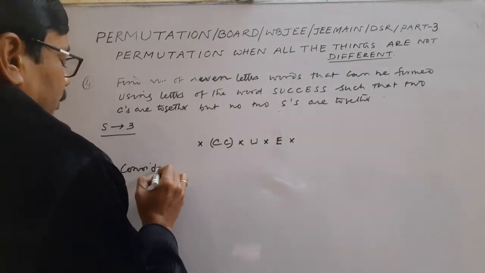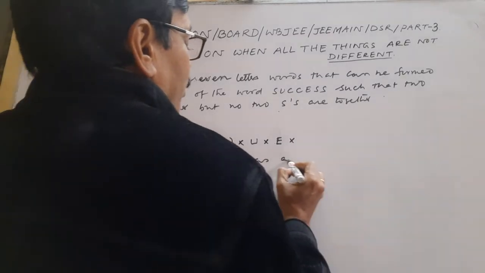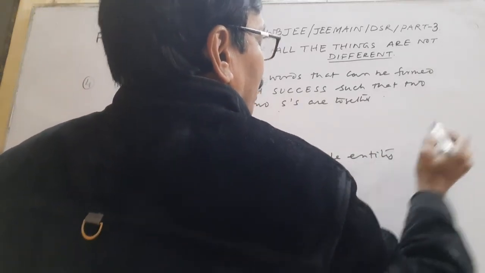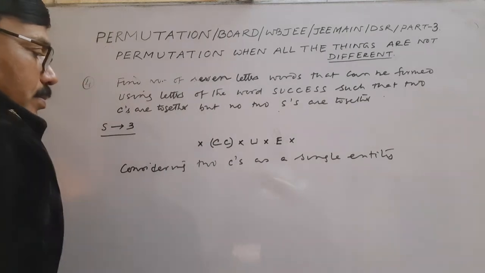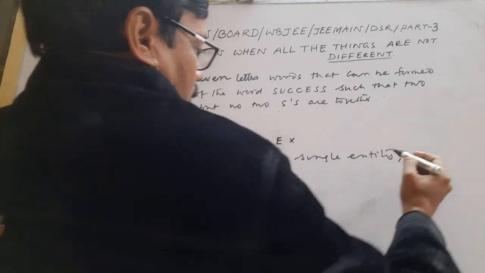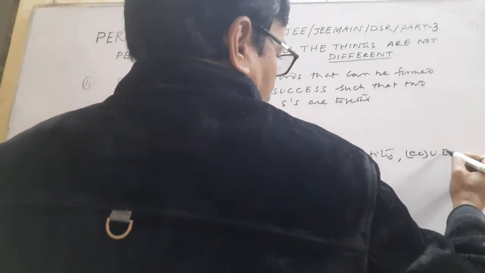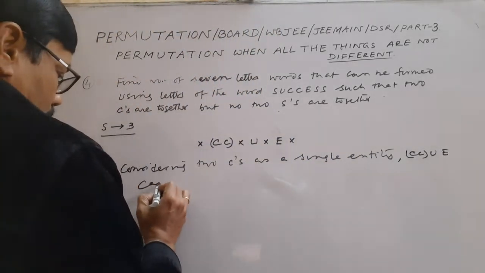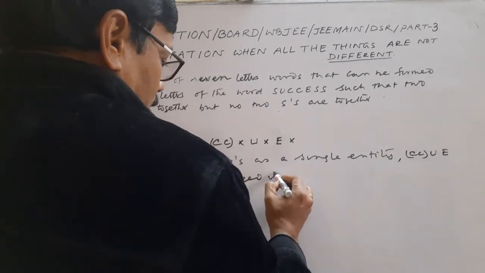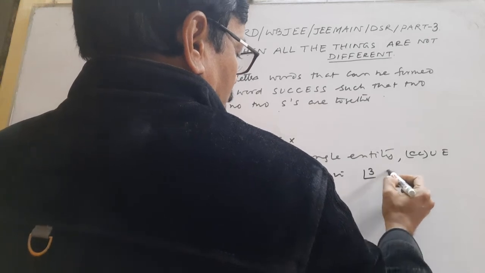Considering two C's as a single entity, C, U, E can be arranged in a row in factorial 3 ways.